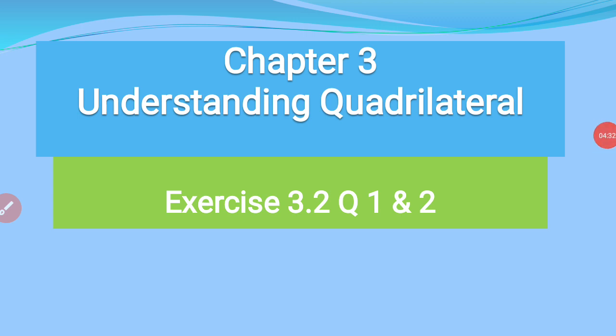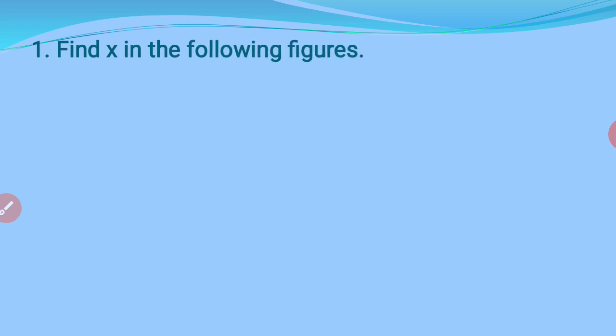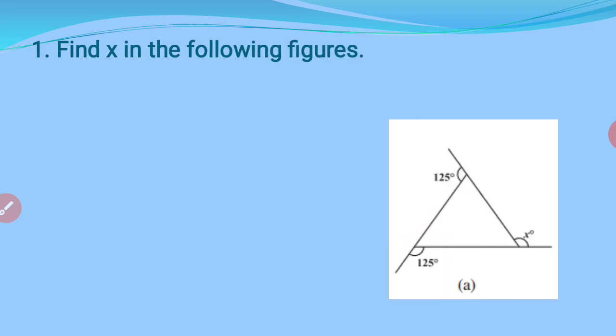Here we are starting with exercise 3.2, wherein we are going to use the exterior angle property of a quadrilateral or any polygon, and the formula for finding the measure of each angle of a regular polygon. Find x in the following figure.